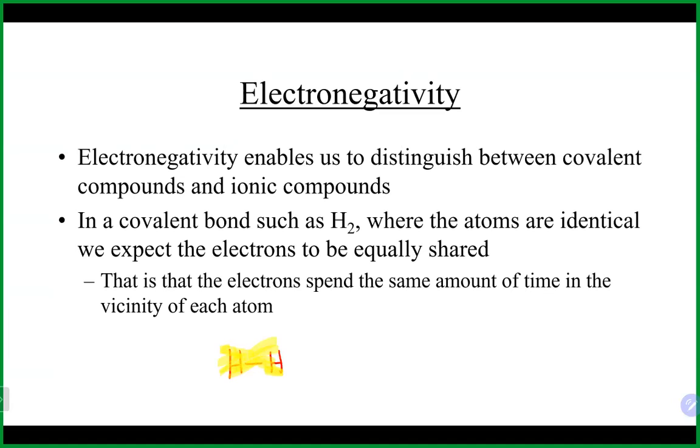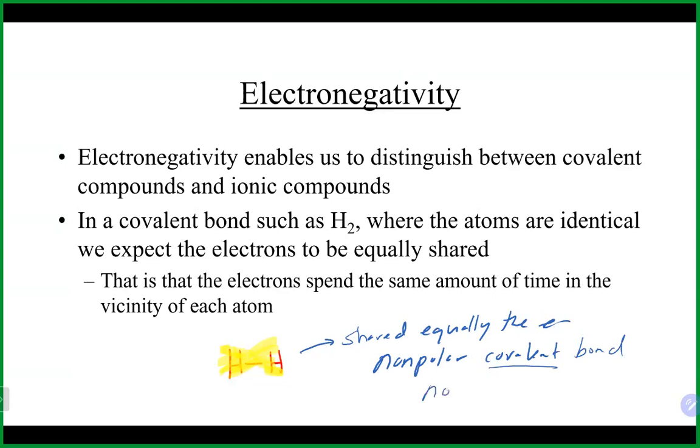And the result of that is a certain type of bond where we would expect the electrons to be shared equally. This is what is referred to as a nonpolar covalent bond. Most people leave the covalent part out and just call it a nonpolar bond. A nonpolar bond is implied to be covalent because it is sharing of electrons between two nonmetals, and you get equal sharing of electrons.